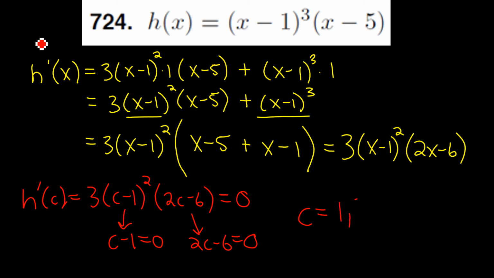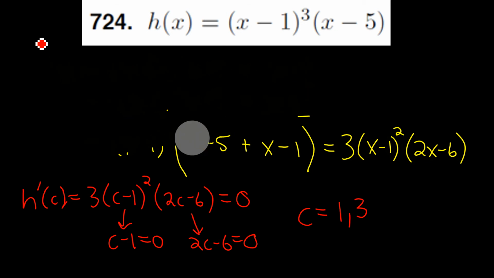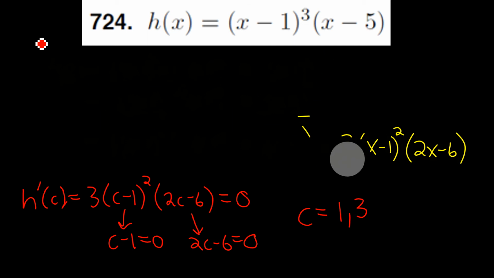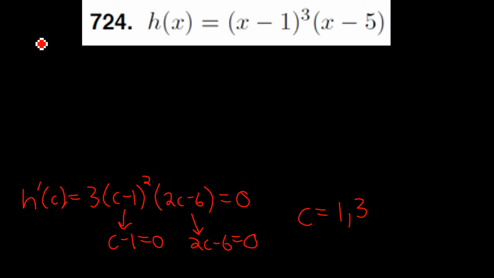So what I'm going to do is erase this top section here. What we want to do now is figure out what is going on in this period of time. What is happening before 1, after 1?